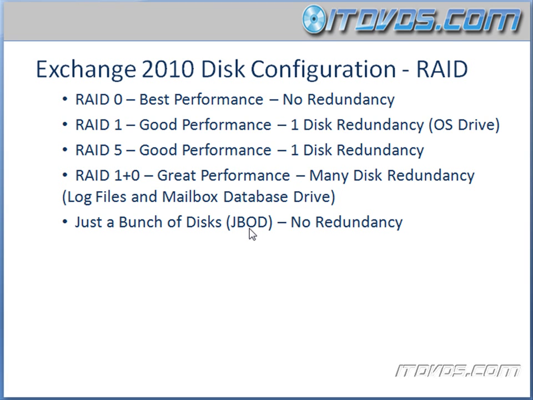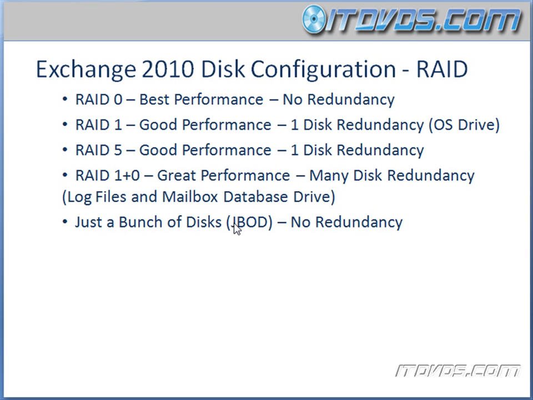Now, as far as Exchange 2010 is concerned, and we're going to talk about high availability a little bit later on, we can have multiple database copies. So we wouldn't want to use JBOD for our OS drive, but we could possibly use it for our mailbox database and log files if we have, and this is recommended practice, 3 or more mailbox database copies on other servers.